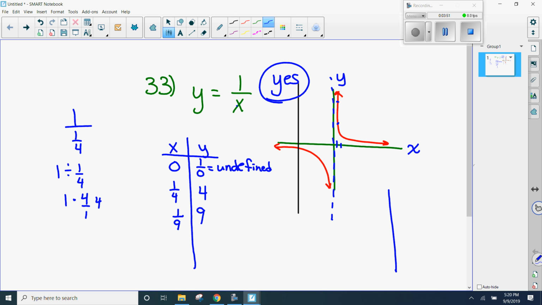So if I were to take a graph such as a circle, and do the vertical line test with that, as you can see the vertical line moving across, if I move my vertical line right there, this is not a function because I get 2 outputs for 1 input.